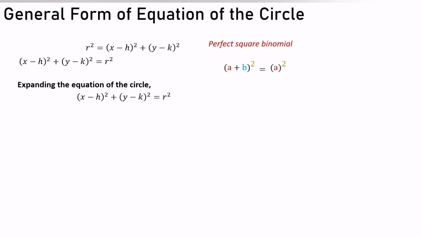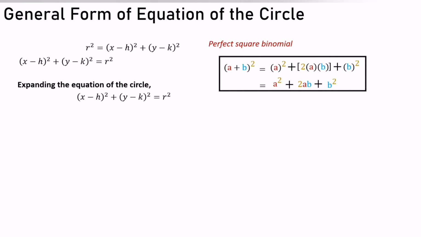So this becomes a squared, the square of the first term, plus twice the product of the first term and the second term, 2ab, plus the square of the last term, b squared. So you have a squared plus 2ab plus b squared.